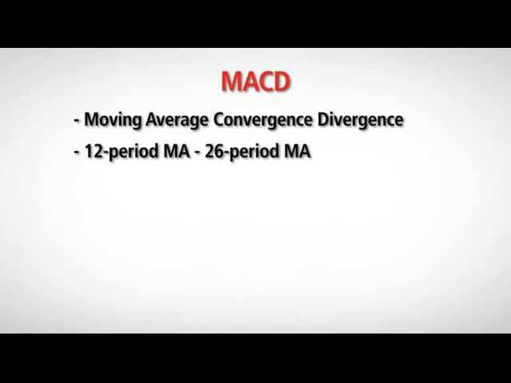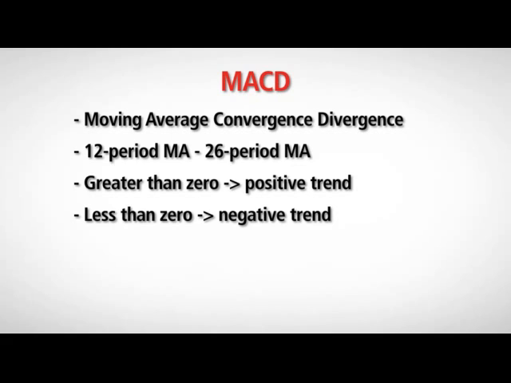Now, when the MACD is greater than 0, that means that we're in a positive trend because the short term, the 12-period moving average, is higher than the 26-period or the long-term moving average. And similarly, when MACD is less than 0, we're in a negative trend, because the short-term average is going to be below the longer term moving average.